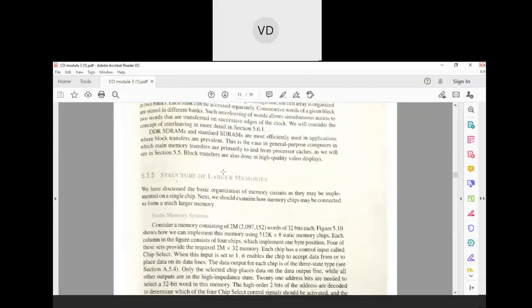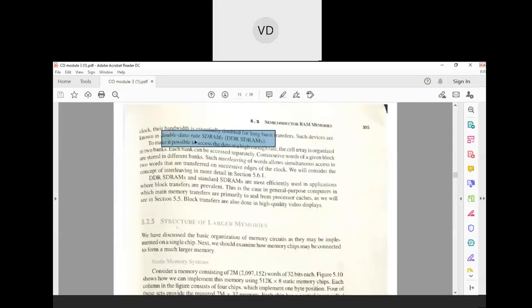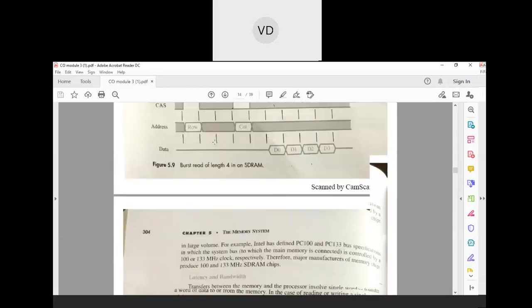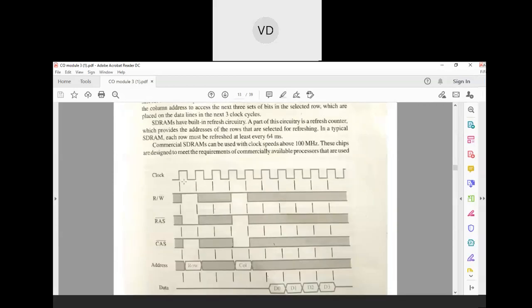I am going a bit faster here because this is a very simple concept. Double data rate means what? The name itself indicates double: on the rising edge you are transferring the data, and on the falling edge also you are going to transfer. What is a rising and falling edge?